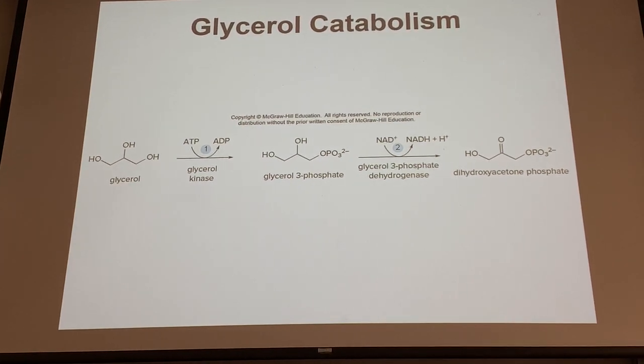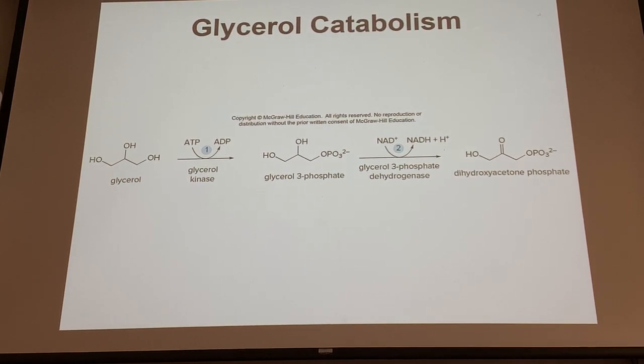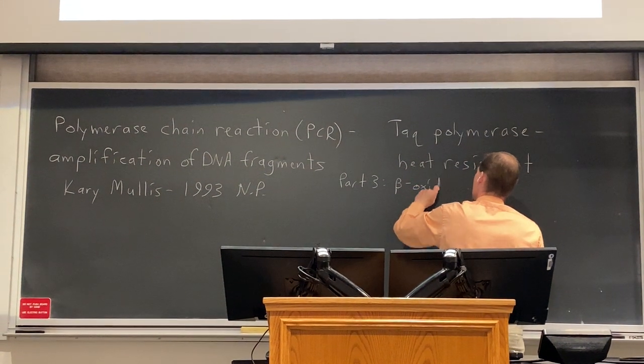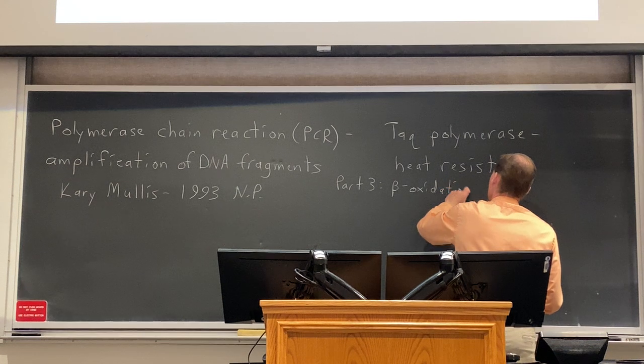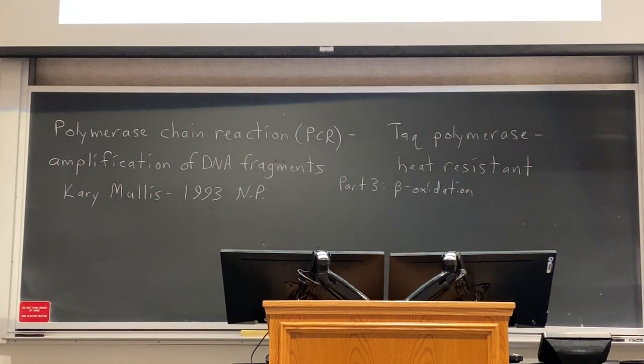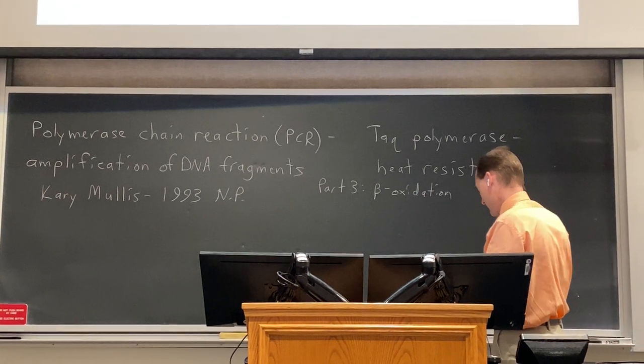But then part 3 of the process is going to involve the beta oxidation. So it's going to explain the fate of the carboxylic acids in this process here.